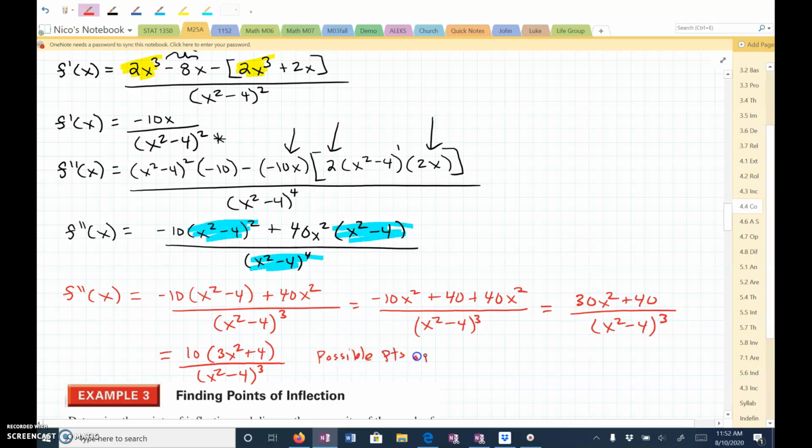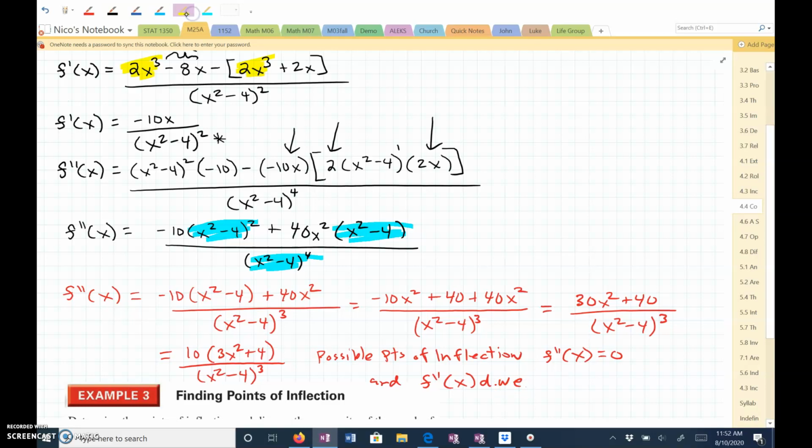So now, to figure out possible points of inflection, I need to figure out x values where the second derivative is equal to 0 and where the second derivative does not exist.